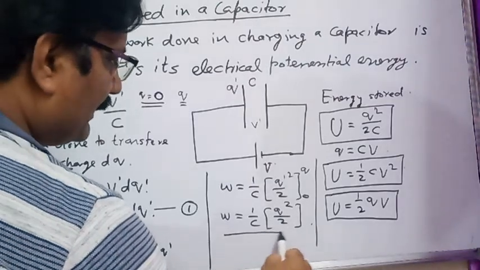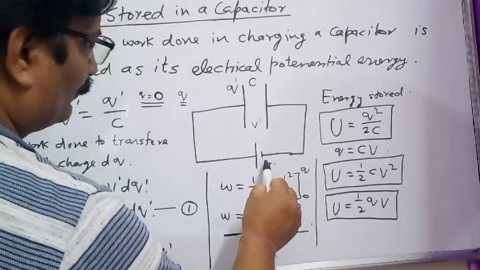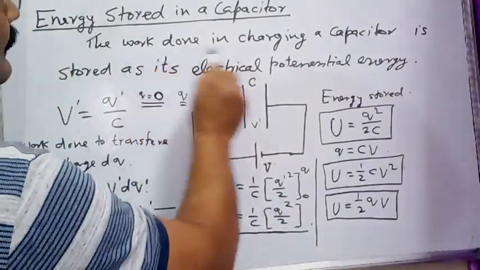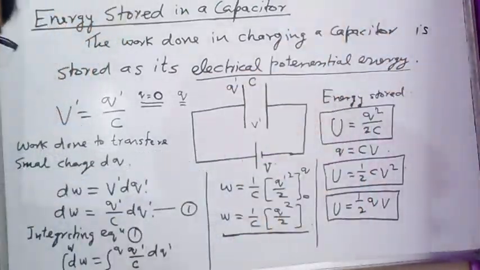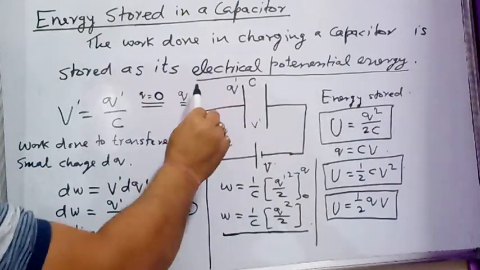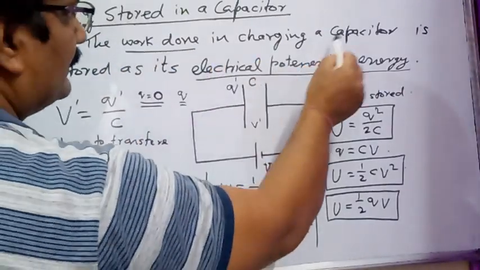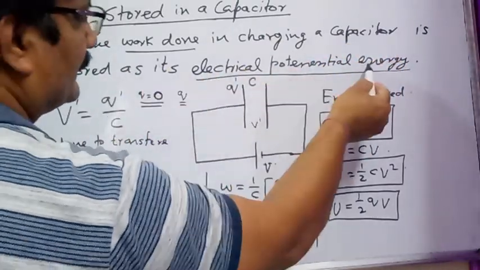And this amount of work done by the charging potential source is defined as the electrical potential energy of the capacitor. What is the definition of the electrical potential energy? Work done in charging a capacitor is stored in it as electrical potential energy.